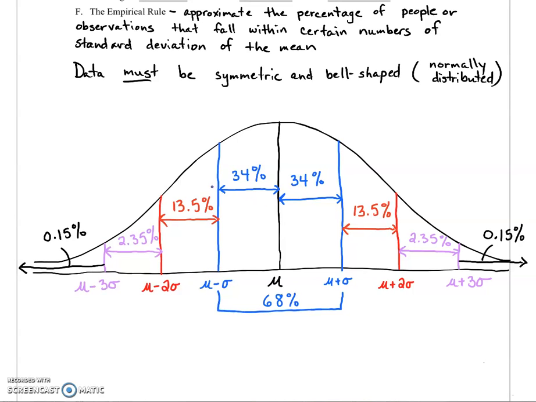And we can see that because we just added up the two 34% strips. 2 standard deviations below to 2 standard deviations above, that is 95% of our data lies between those two values. And we can get that just by adding 13.5 plus 34 plus 34 plus 13.5.